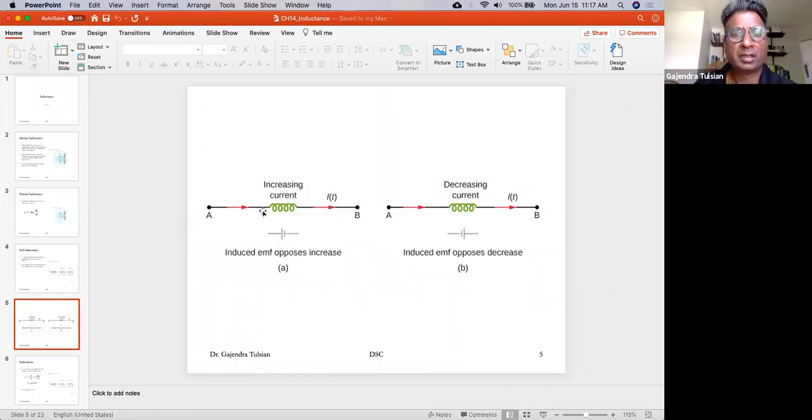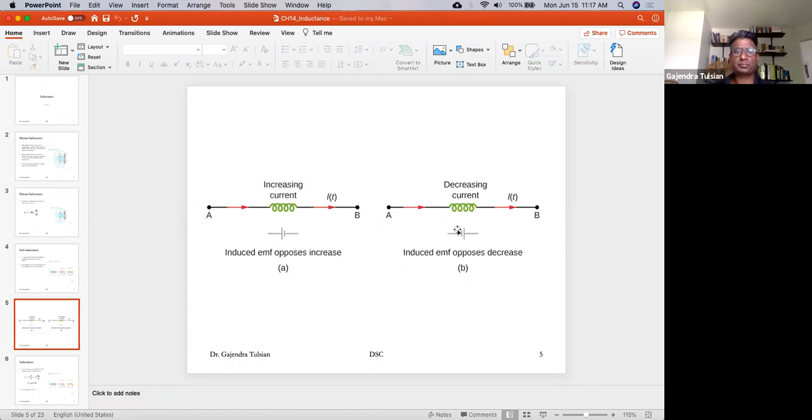All right, so again, here's another picture. So you wound up a wire into a solenoid. If you try and increase the current in this direction, while you're increasing the current, it'll induce an EMF in the opposite direction. If you're decreasing the current, this solenoid will induce an EMF in this direction.